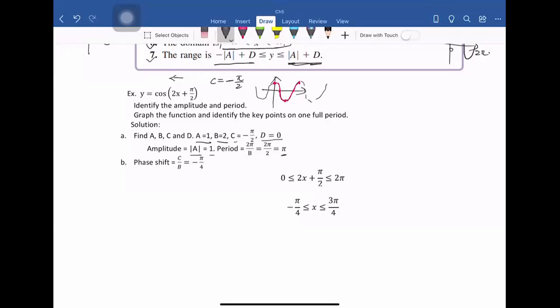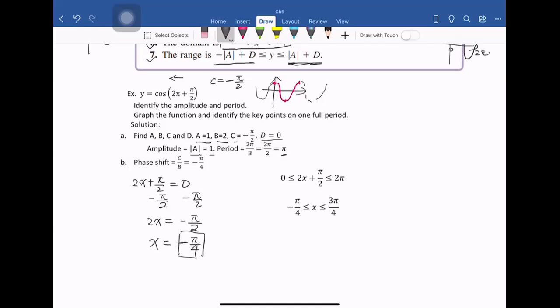And how about the phase shift? The phase shift is C over B, or solve the expression in the parentheses. 2x plus pi over 2 equals 0, minus pi over 2 on both sides, we have 2x equals negative pi over 2. Divide by 2 on both sides, we have x equals negative pi over 4.